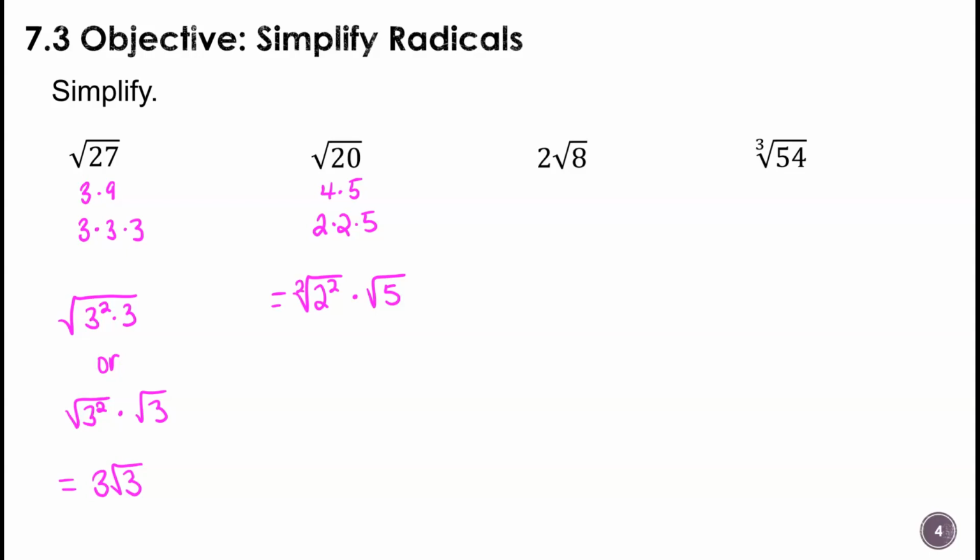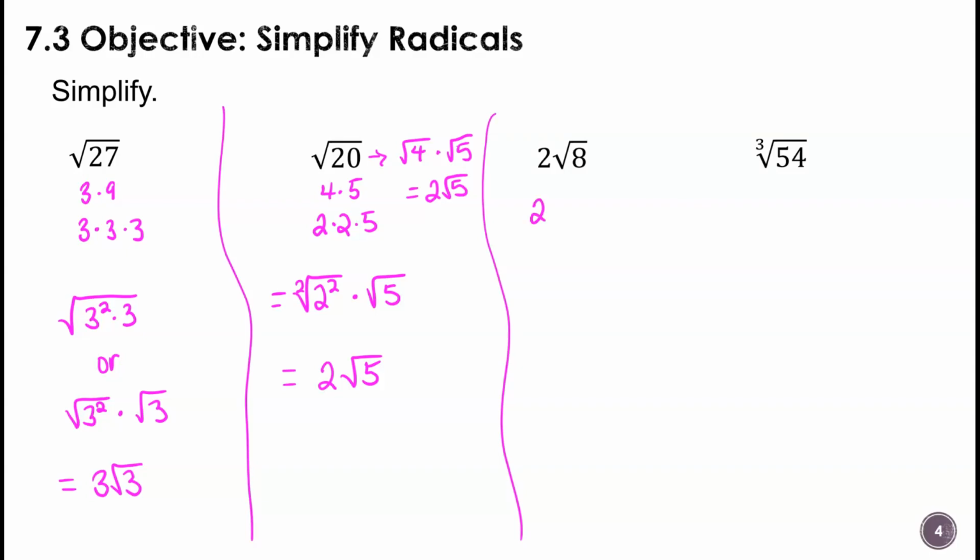If I can get this exponent to be divisible by my index, then there's my root. So this root is a 2 times the square root of 5. In the past I would have taught this as the square root of 4 times the square root of 5, which is 2 radical 5, because I can take the square root of 4. It's okay with me if you do it that way, but I'm just showing you a different method, especially when the numbers get less familiar. This can be helpful.